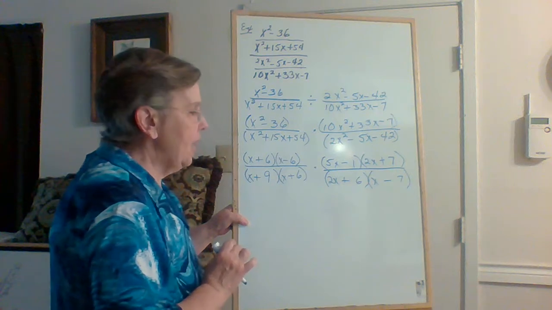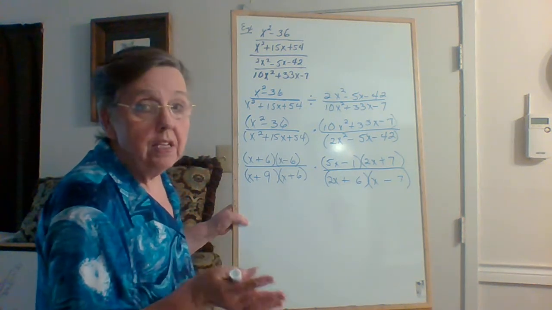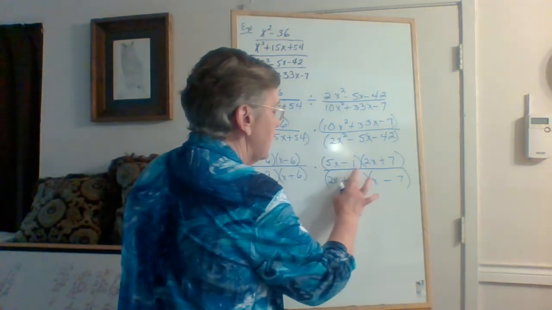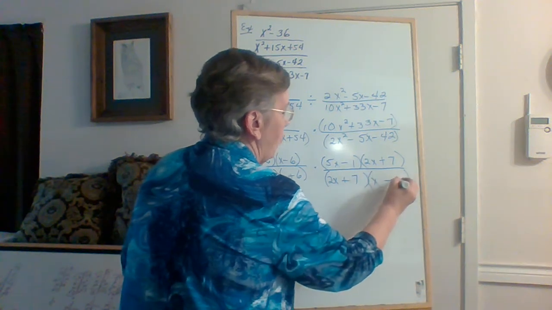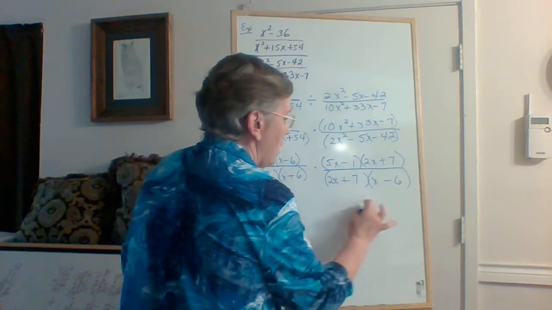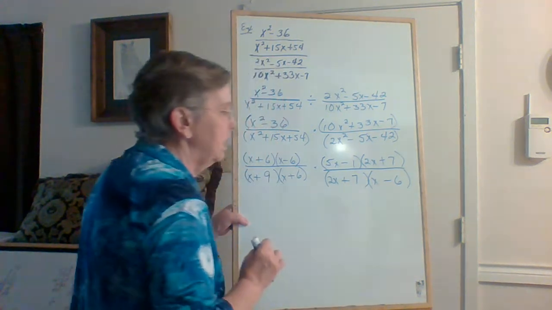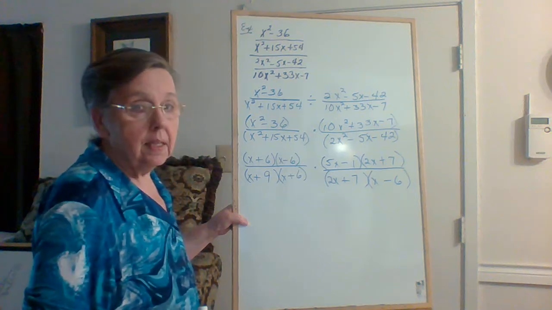Does not give me 5. Doesn't give me 5 either plus or minus. So my 6 and 7 might be in the wrong place. Let's try it here. 7, 6. Minus 12 plus 7. Hey, it gives me a minus 5x. So I'm good.